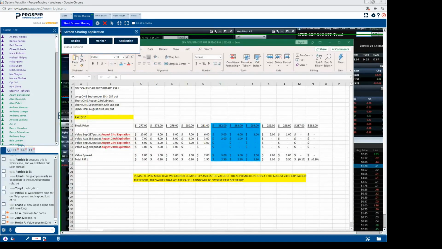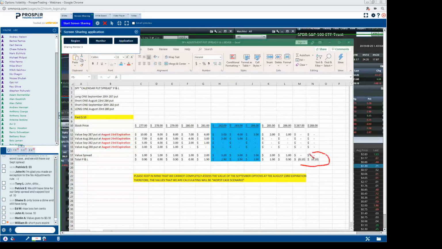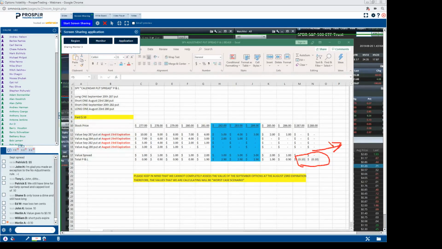Because even if SPY is trading in this loss zone, and this would be up, so 290, 295, 300, still the same 10-cent loss. Even if it's trading up here in the next week, there is still going to be a ton of value left in our September options. So we will still be at a gain, at a winner, even though this is showing the 10-cent loss.